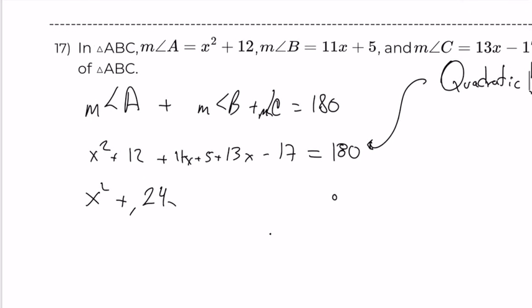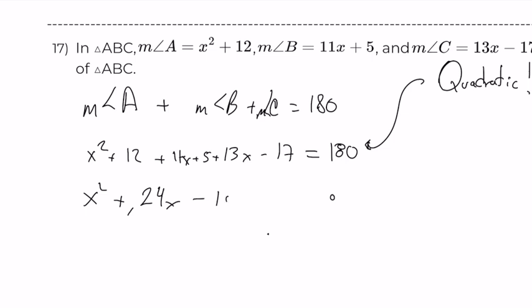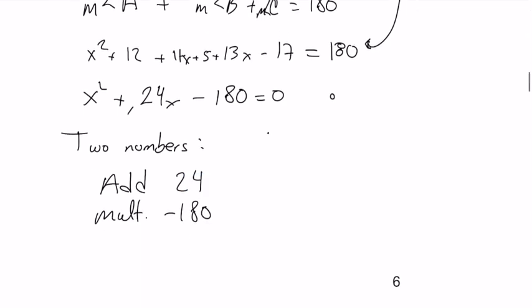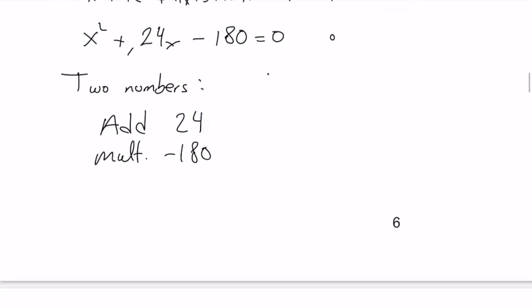So this is x squared plus 24x minus 180 equals 0. So now I need to find two numbers that add to the one in the middle, to the b, to 24, and that multiply to negative 180, sorry.